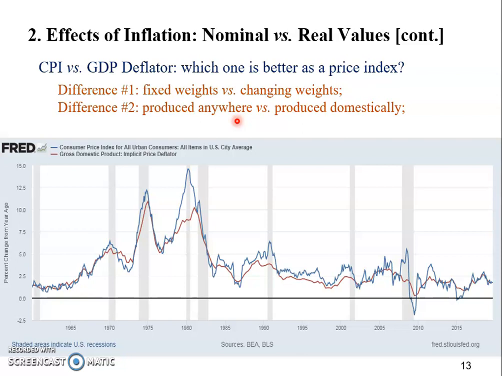But it was produced in Germany, right? So the CPI will cover that. The GDP deflator has to be produced domestically, because when we calculate the real versus nominal GDP, we include only US-made goods and services. So this is the second difference between these two.